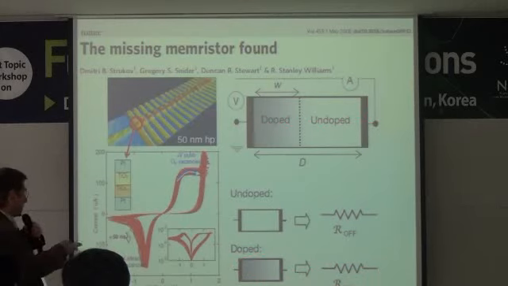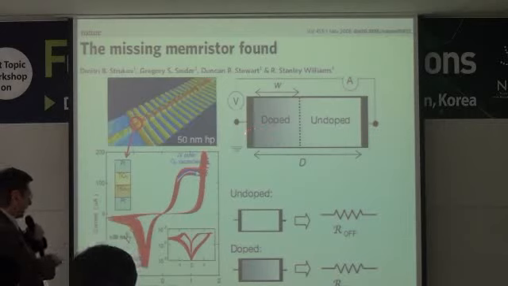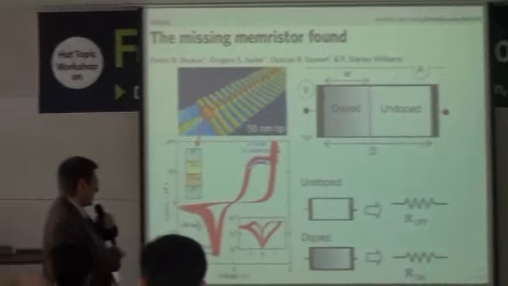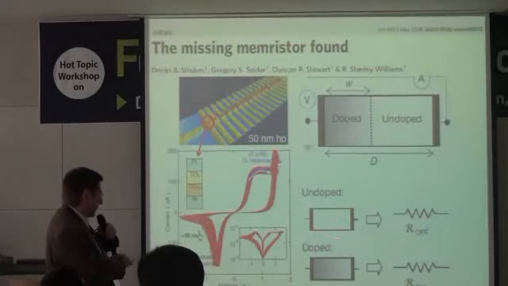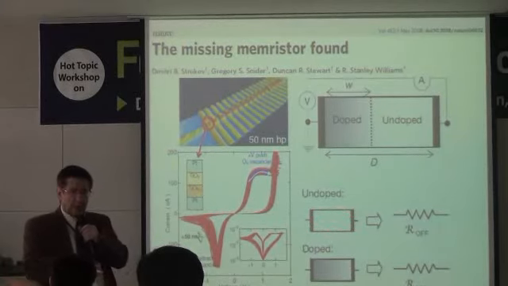If the current is flowing in the opposite direction, then these ions move back to this area, and we have no conductive bridge between these electrodes, and this is the high resistance state of this element.